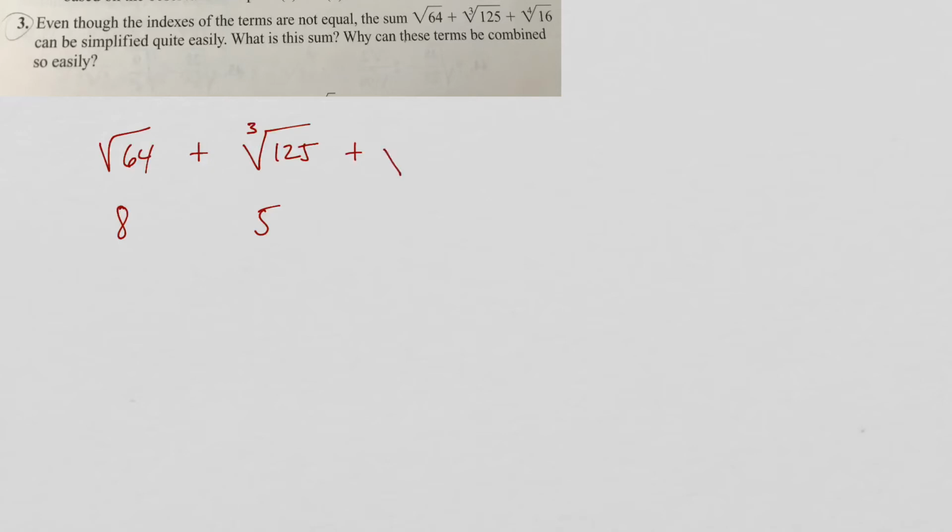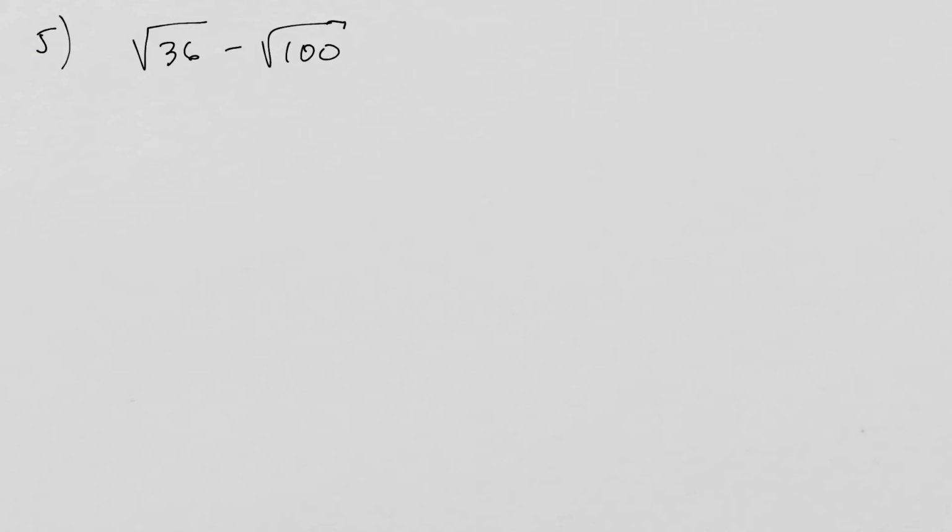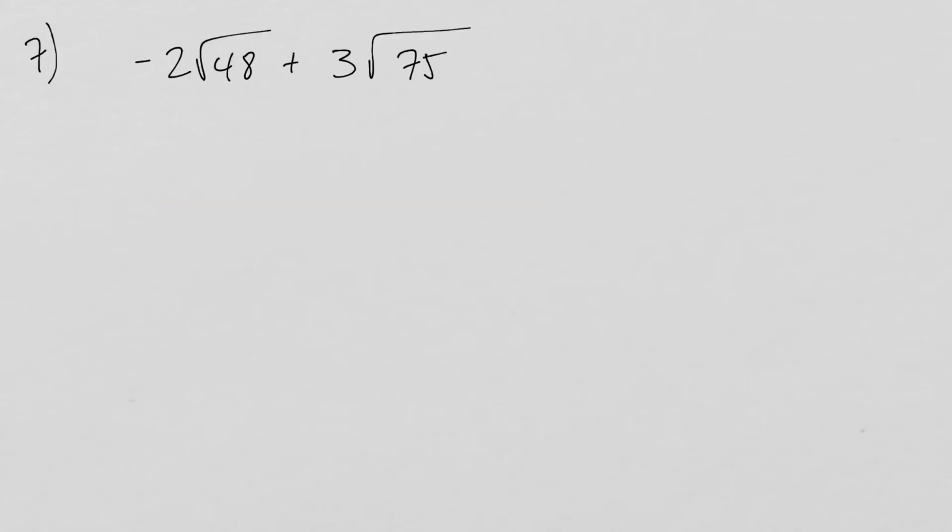And the fourth root of 16 is 2. So we can quite easily add these up and get 15. Okay, the square root of 36 is 6. The square root of 100 is 10. 6 minus 10 is -4. Done.